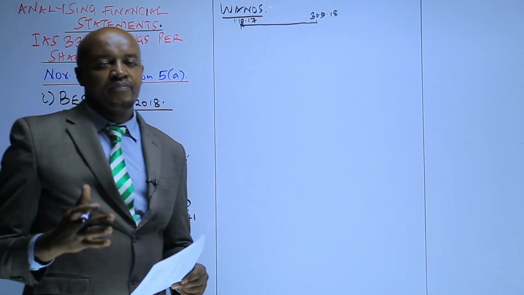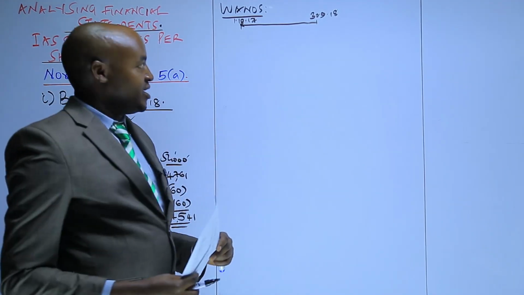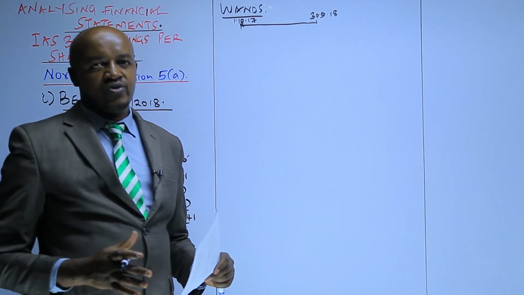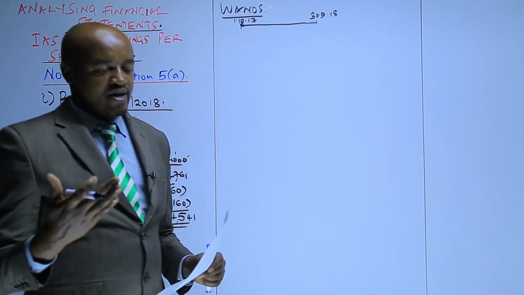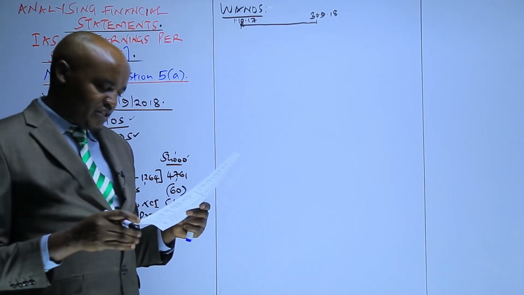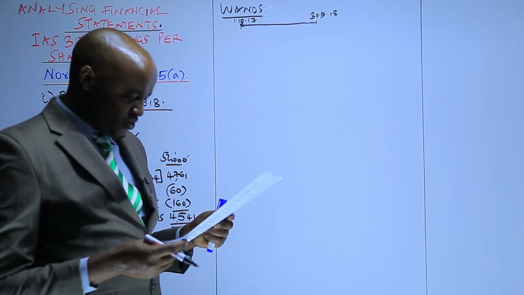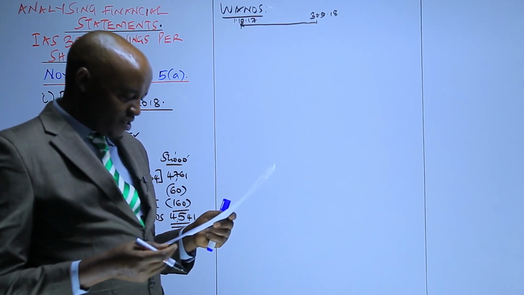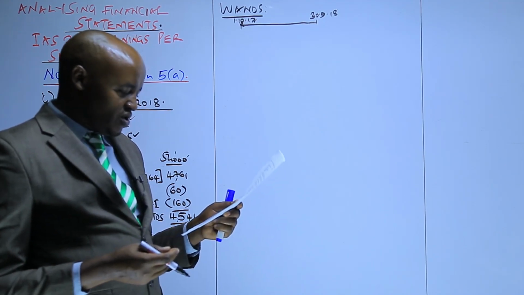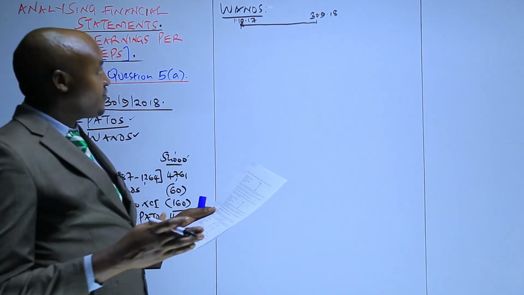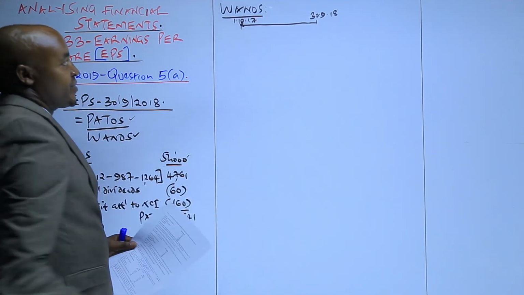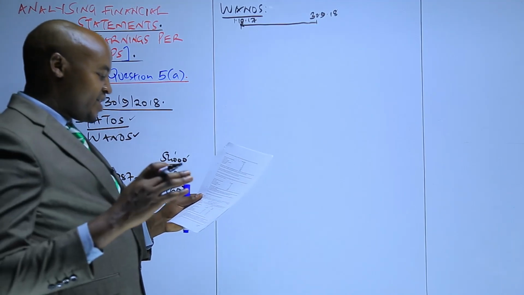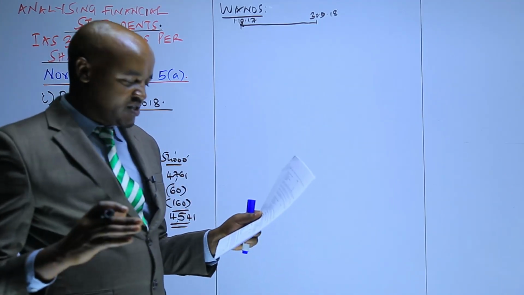In our previous session, we also discussed how we treat the various types of shares which are issued during a certain financial year. So you have to recall what we discussed in our previous session. If you go to note number 1, you're told the ordinary share capital of this company at 1st of October 2017 is 15 million, made up of shares of 5 shillings par value.